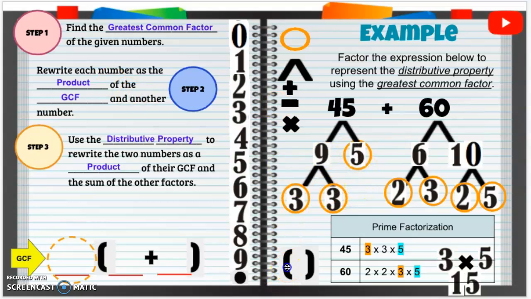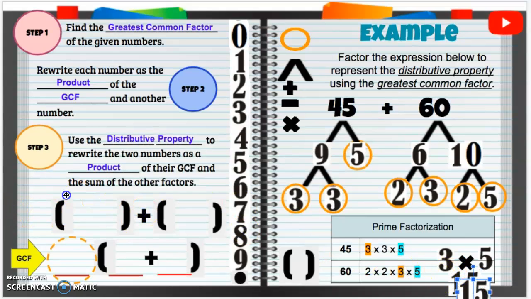Do you remember how we had a number in parentheses times that, and then we kept our symbol, the plus, and then the other set of parentheses? So we're working backwards here. Don't make it too hard. So we're going to have that 15.